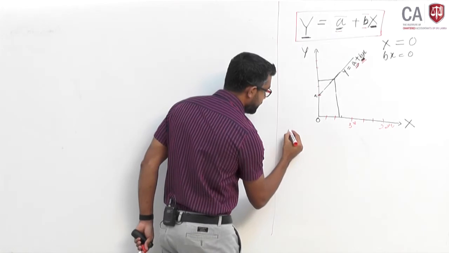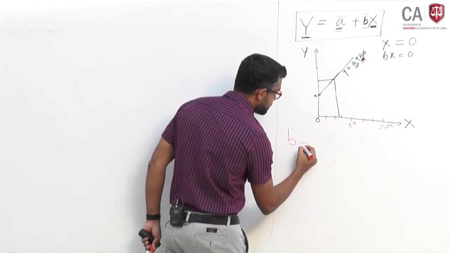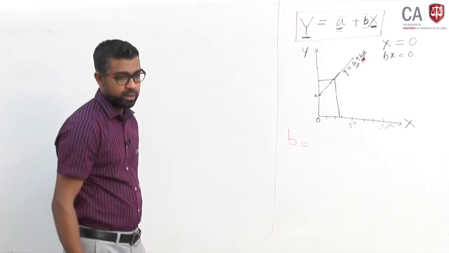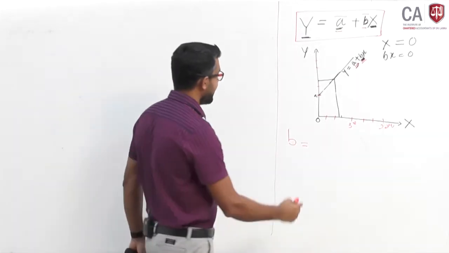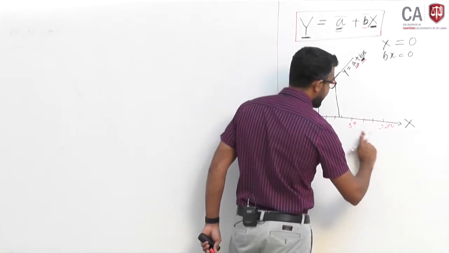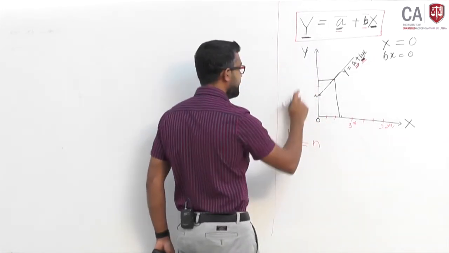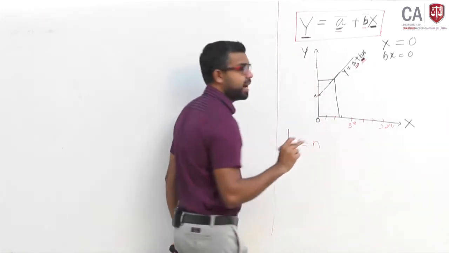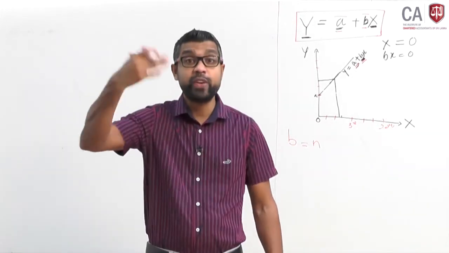B equals, right? N means, how many x or y have been given to us, the count of variables.